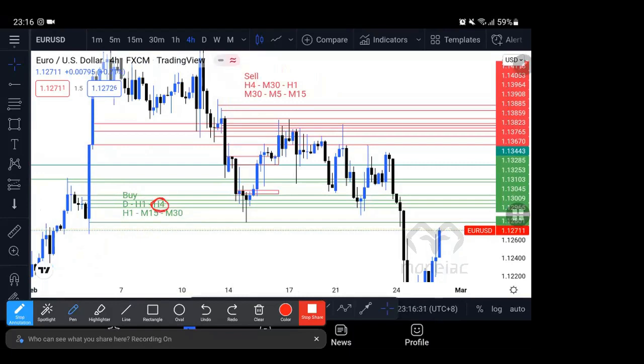Ni kita punya bias. So bias ni kita ambil lah structure. Yang mana structure yang perlu di break. Kalau structure terdekat adalah sini, dia kena break sini untuk tunjuk dia kuat. So kita markinglah sini, bias. Kalau structure yang terdekat adalah sini, so kita markinglah sini as a bias.